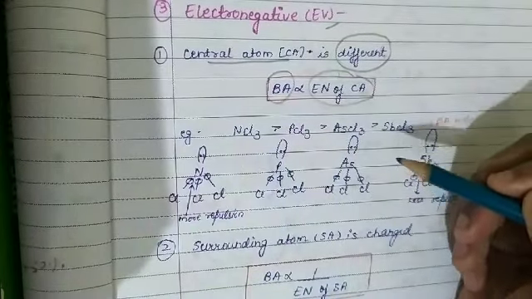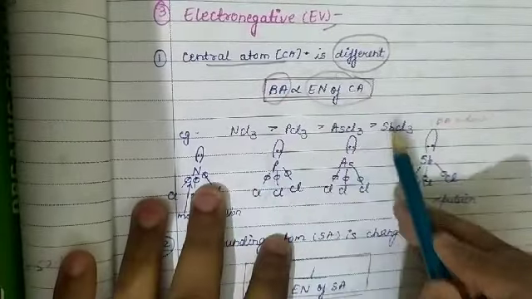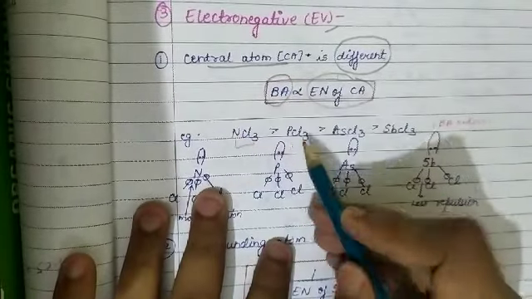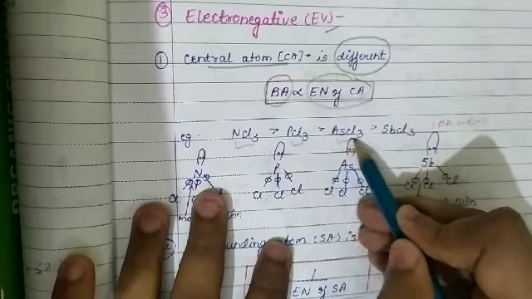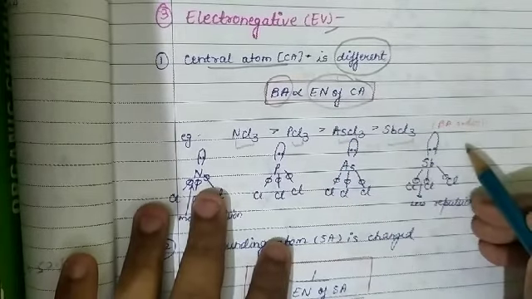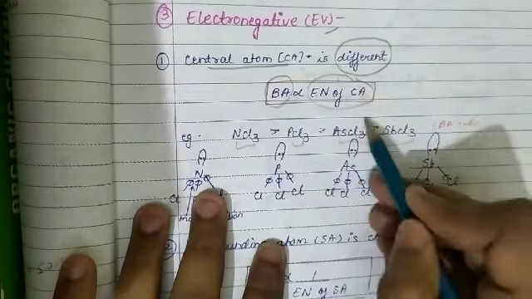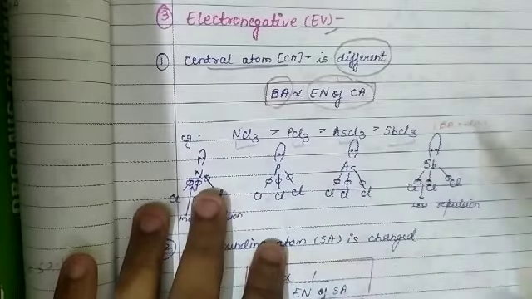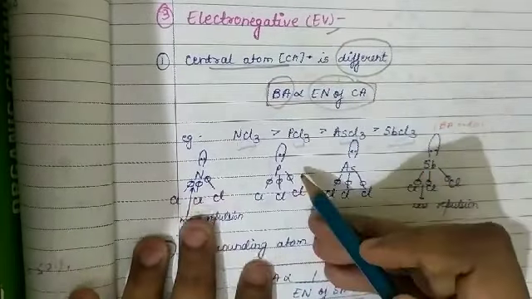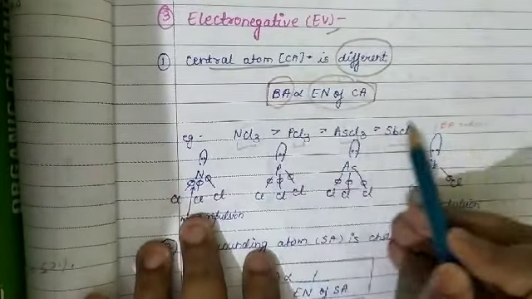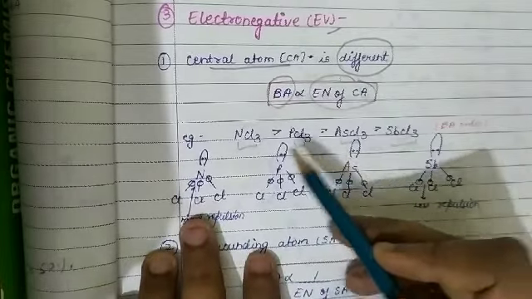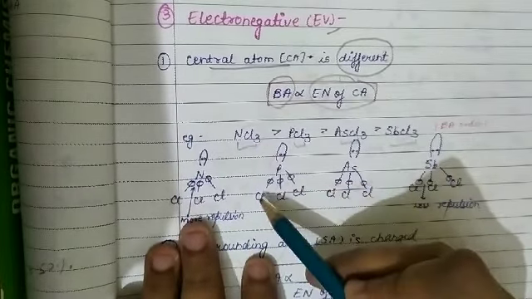For example, if we have to compare the bond angle in NCl3, PCl3, AsCl3 and SbCl3, the surrounding atom is the same, but the central atom is varying. And there is one lone pair, as steric number is 4: 3 bond pairs and 1 lone pair.